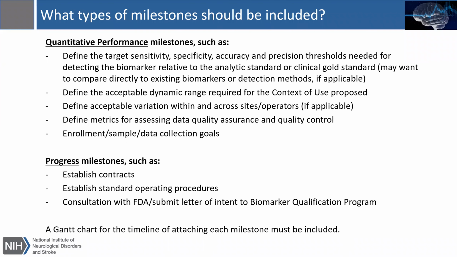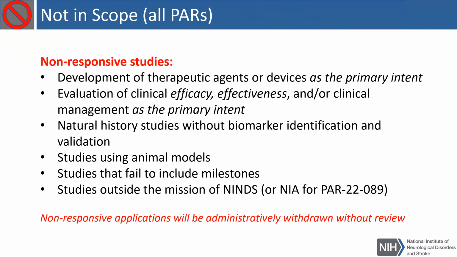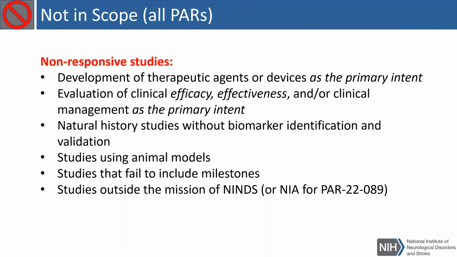When we speak about the progress milestones, we want to establish the contracts, as well as establish some of the standard operating procedures, as well as consulting with the FDA and the letter of intent. It is also important to include a Gantt chart when including that in the grant proposal.